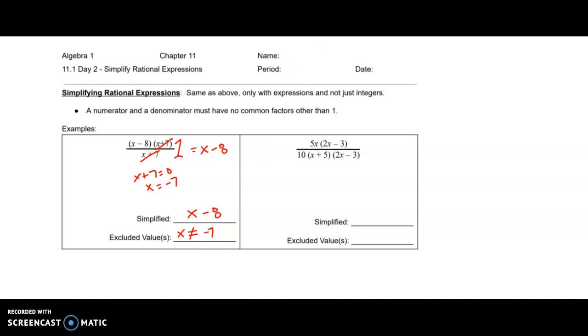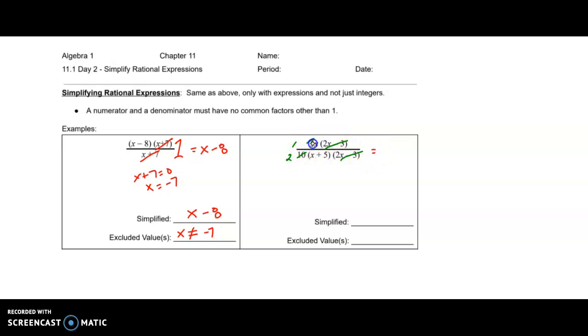All right? Over here for the second one, I'm seeing that the quantities 2x minus 3's can cancel out. But I'm also going to be careful because the outer factors, 5x and 10, this 5 and this 10 simplifies to 1/2, right? You have to see what's left over.